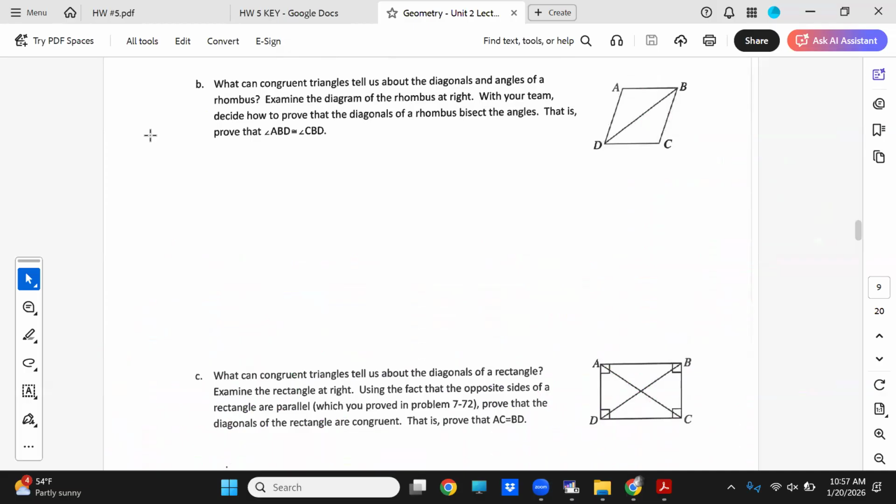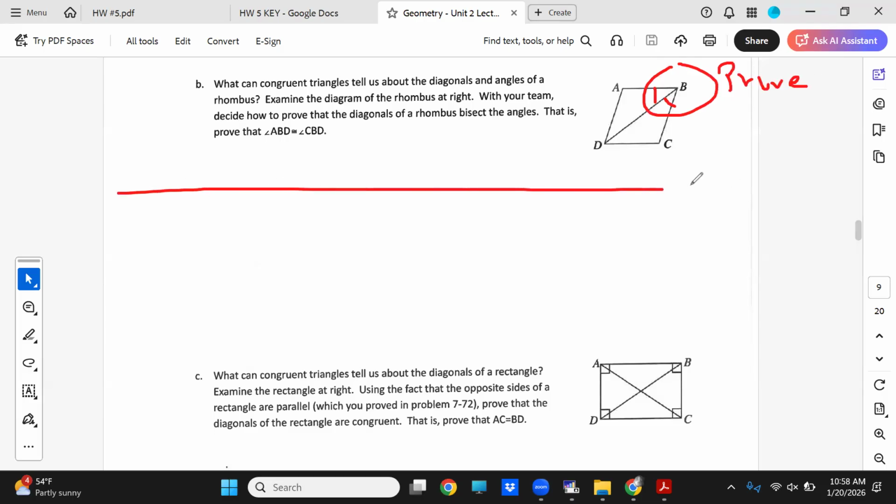What can congruent triangles tell us about the diagonals and angles of a rhombus? Examine the diagonal of the rhombus to the right with your team. Decide how to prove the diagonals of a rhombus bisect the angles. That is, prove that angle ABD is the same as CBD. So in order to do that, this is what we have to prove.